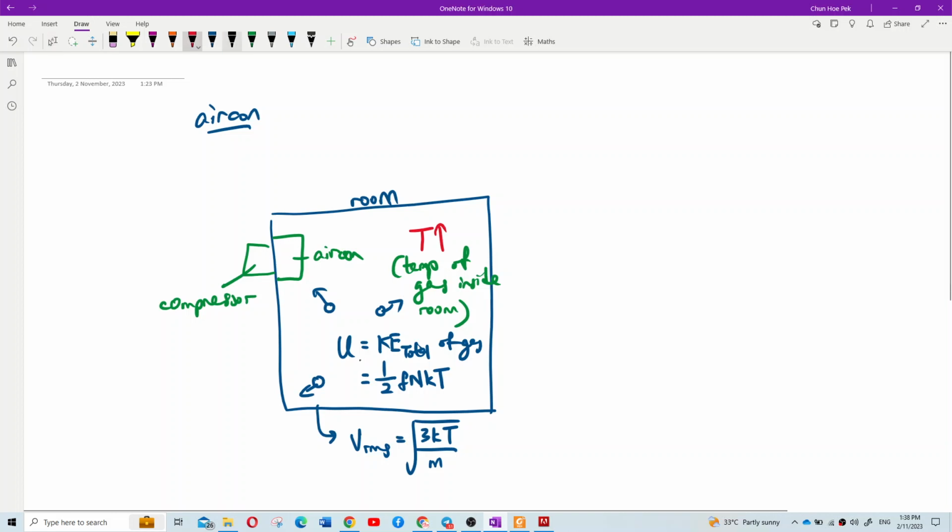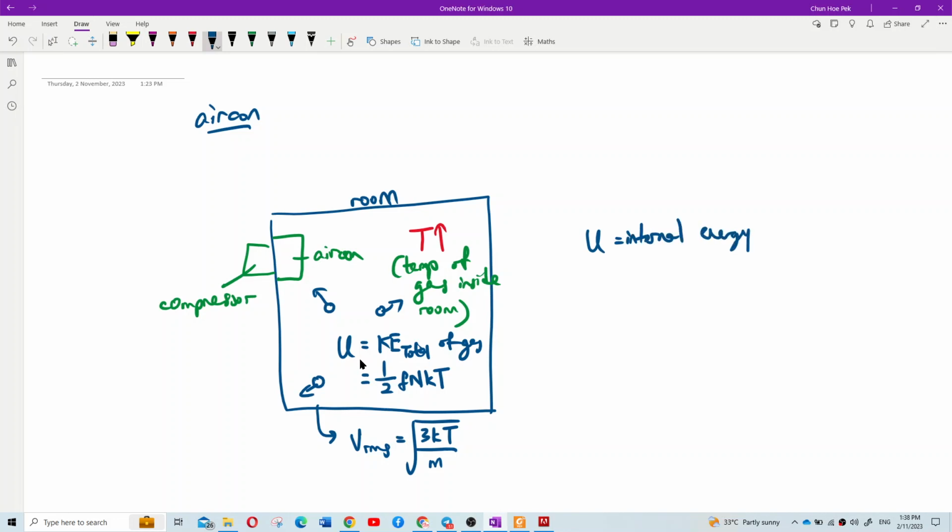Let me write it beside: U is the internal energy of gas. So how to make the room cold? I need to lower down the internal energy of gas.